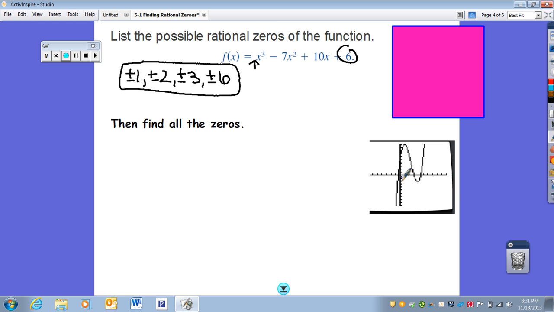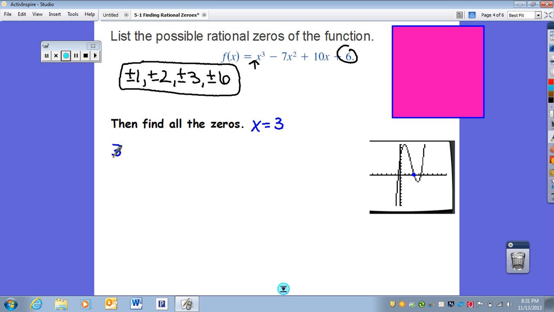So if we take a look, it looks like here we have a fraction and here we have a fraction, but here our function is crossing right at positive 3. So we can use positive 3 or x equals 3 as one of our zeros or solutions, and we can use synthetic division to find the rest.